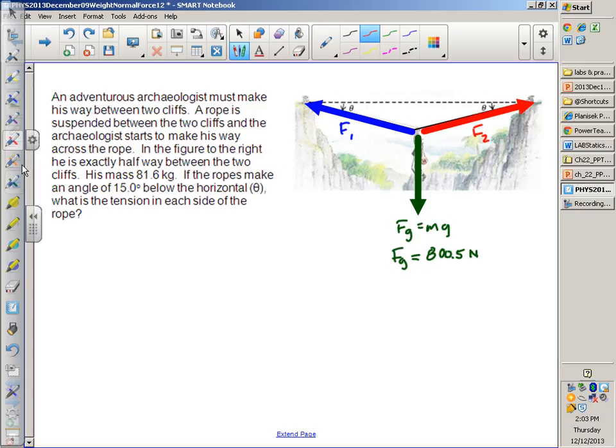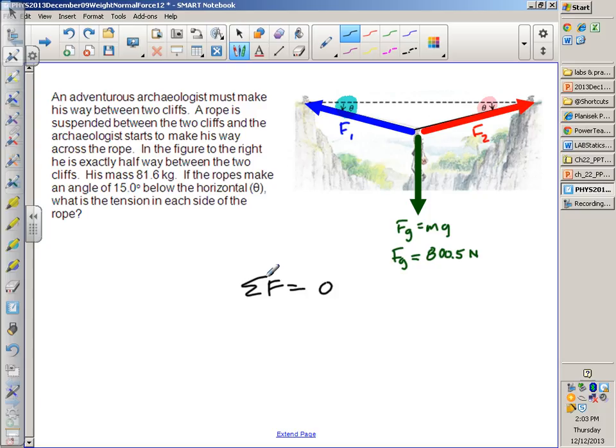Also, it told us that being halfway across, these two sides of the rope make the same angle with the x-axis here. They go down exactly the same amount. Another indicator that we're probably talking about the same amount. All right. If this adventurous archaeologist is hanging there motionless, he's got to be in equilibrium.